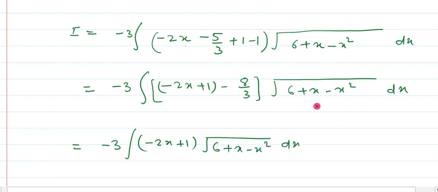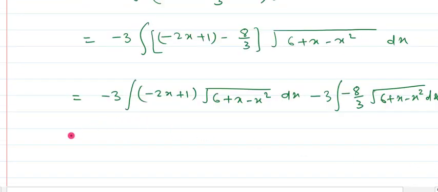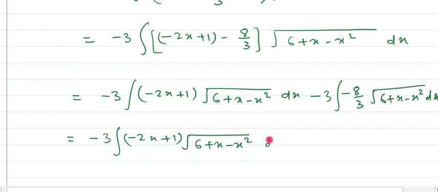This is one part of the integration, and the next part is minus 3 into integration of minus 8 upon 3 square root of 6 plus x minus x square dx. Here, if we simplify, we are left with plus 8 into integration of square root of 6 plus x minus x square dx.